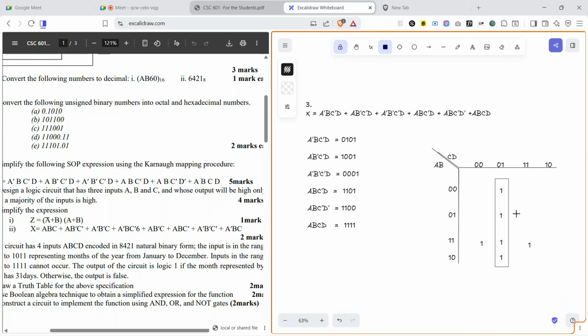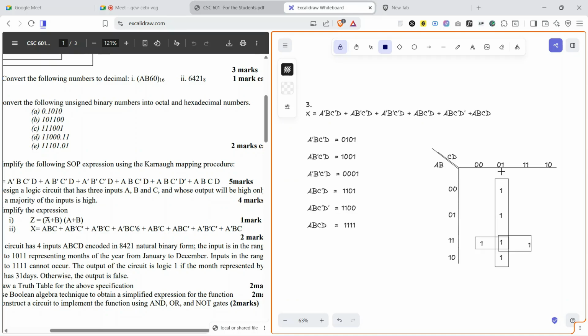Then for this part, it would be the first two, and then these two, in two places individually. For this first part that is 1, the part representing this is CD.